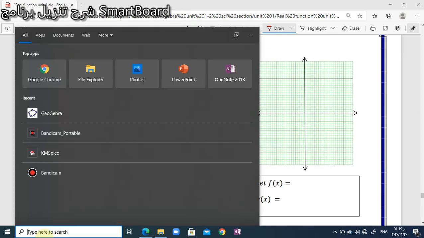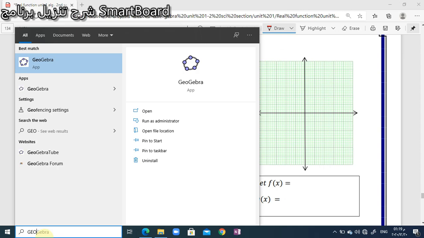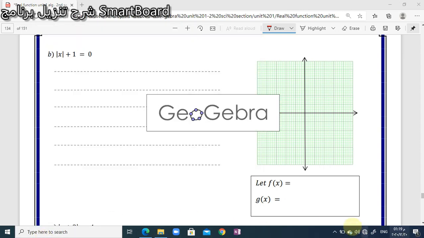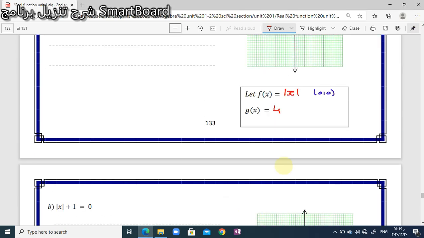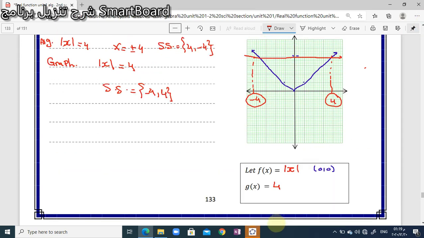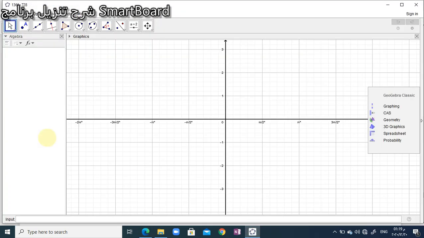We have here GeoGebra, and I will draw the last example. f of x equals absolute x and g of x equals 4.